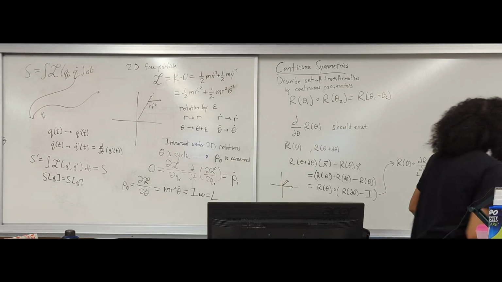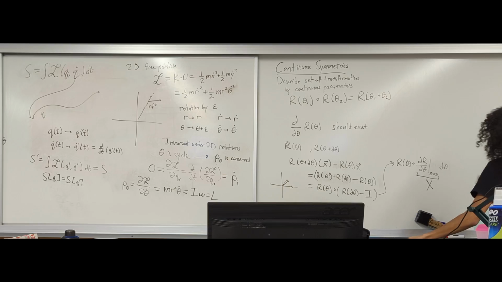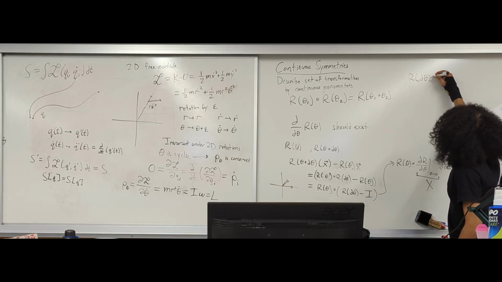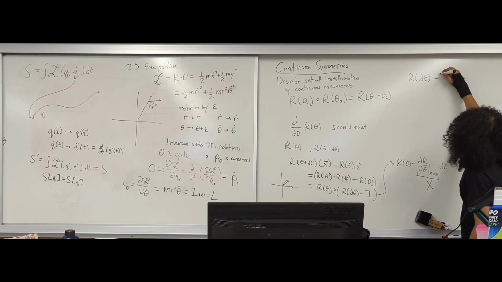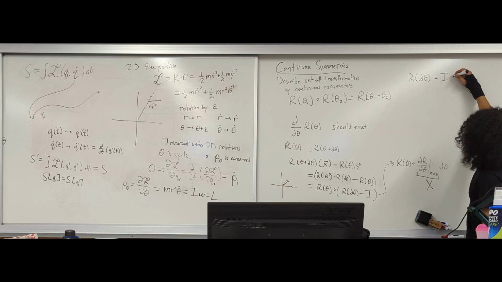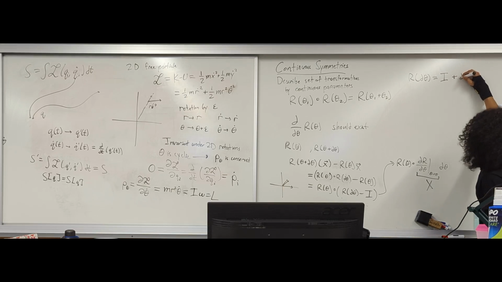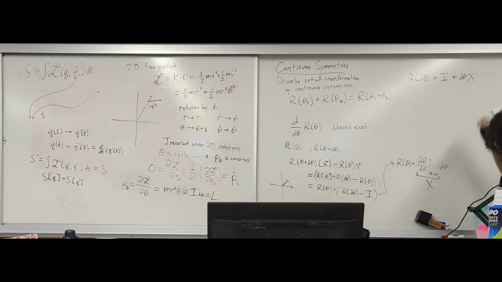Okay? So you can think of the infinitesimal transformation as this identity transformation plus d theta times this x transformation.